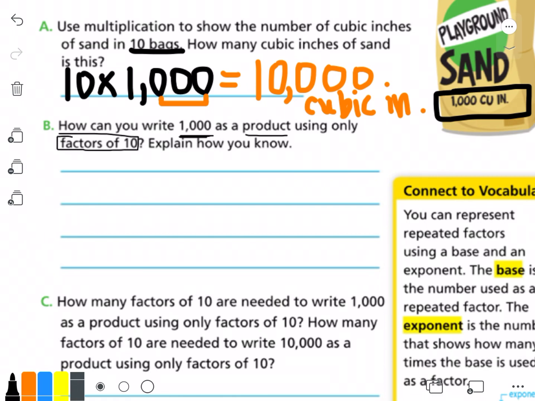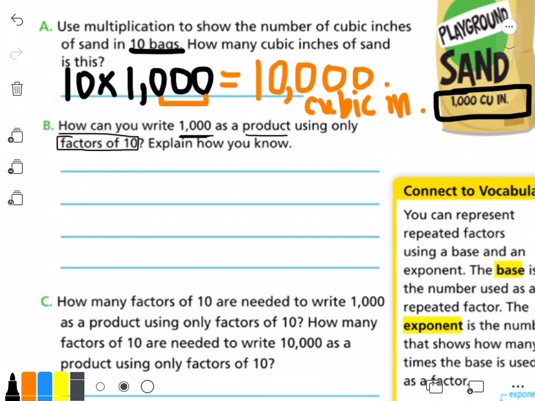If you guys remembered, factors are the numbers you multiply together. Okay, factors are numbers you multiply together. So how many 10s would it take to make 1,000? How can you write 1,000 as a product using only factors of 10?